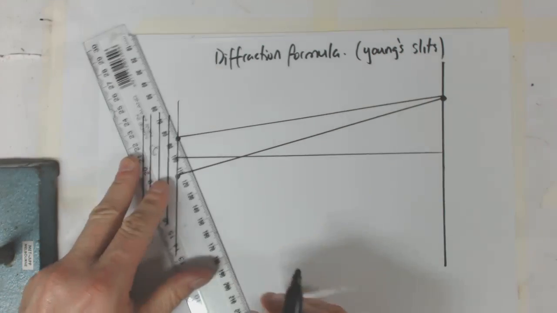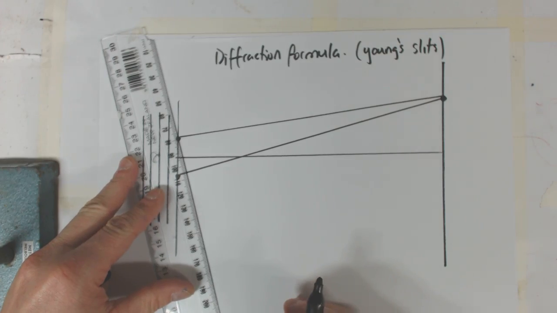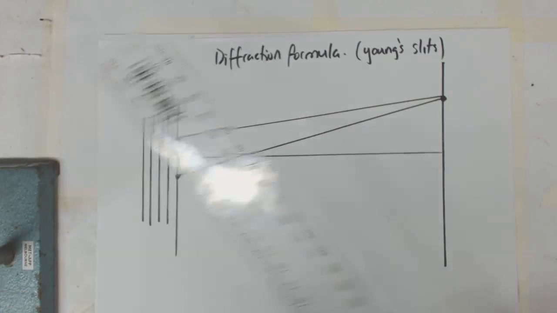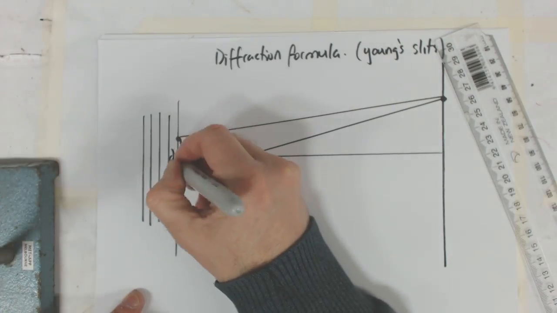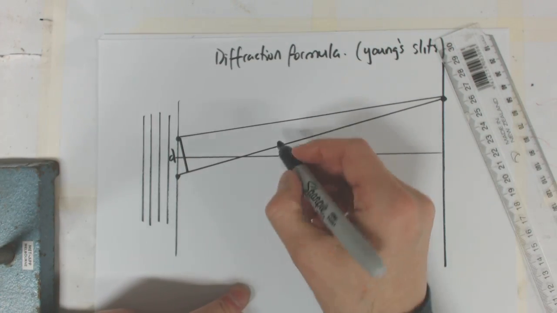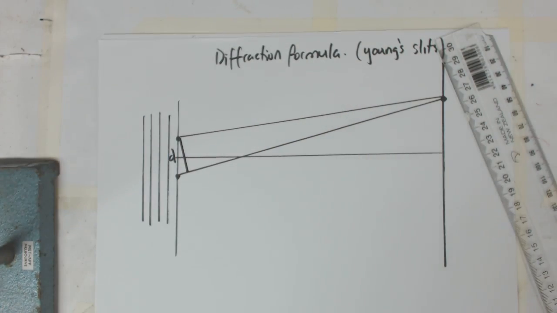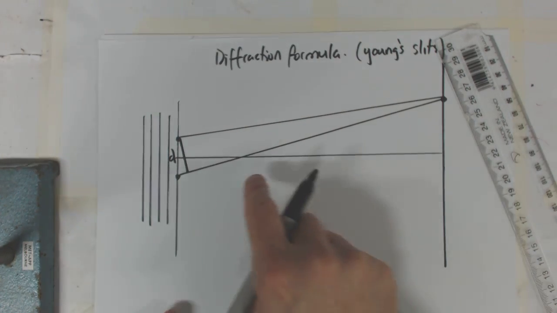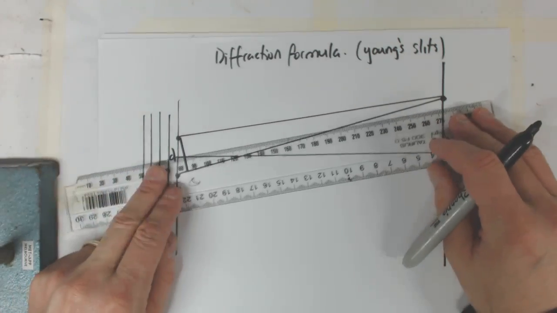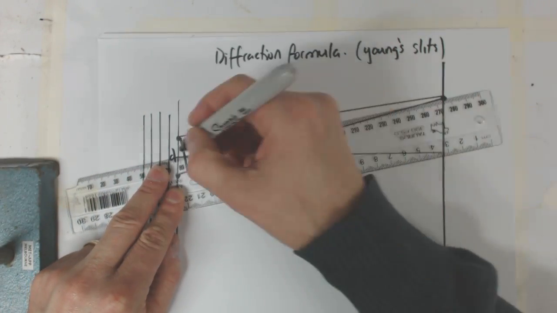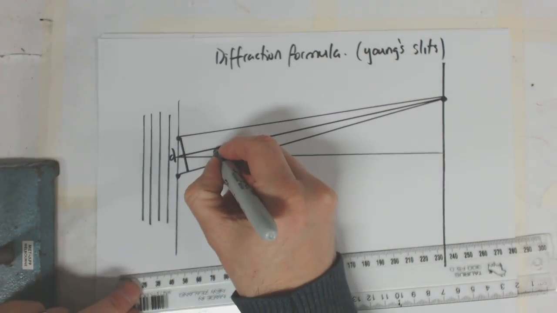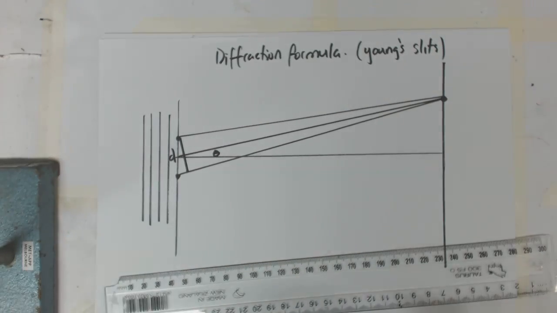And what we do is we have a look at this here, and we go, well, if we draw it so it's a right triangle, and D is the distance between the slits, then if we were to look at the angle that we have here, that angle there, theta, doesn't look like a very good theta, does it?